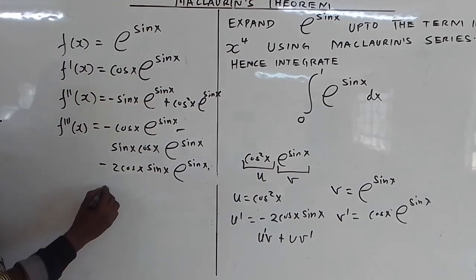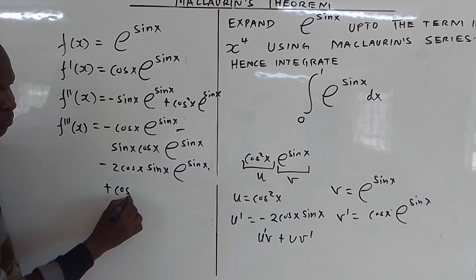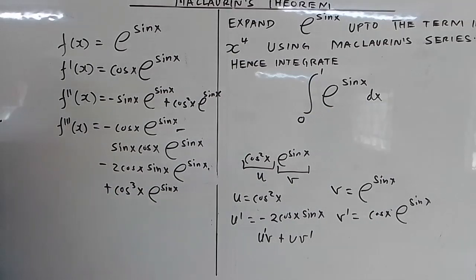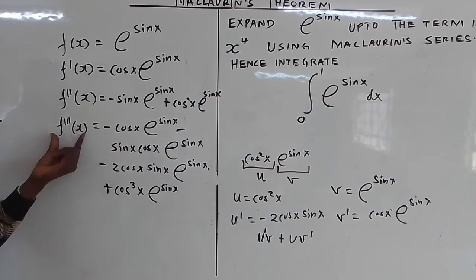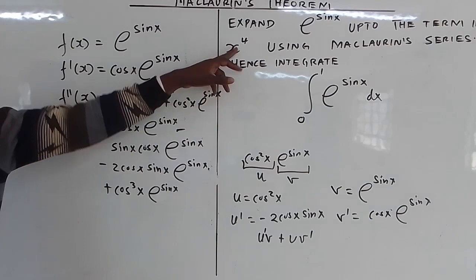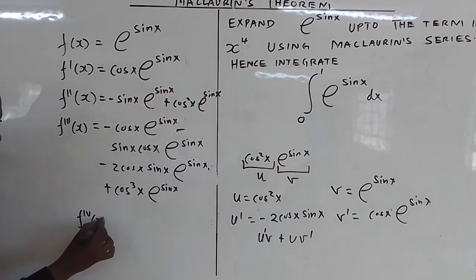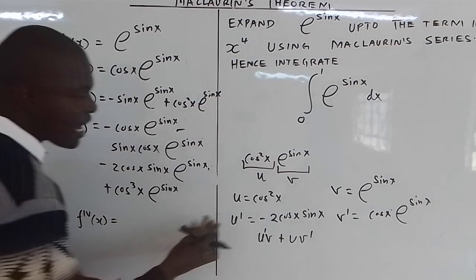So it is plus cos cubed x exponential sine x. Are we together? Is that okay? So have you seen, you found f triple prime of x. You move to the last one. For us to get x raised to power 4, we must now get the fourth derivative of x. Are we together? Yes, start.